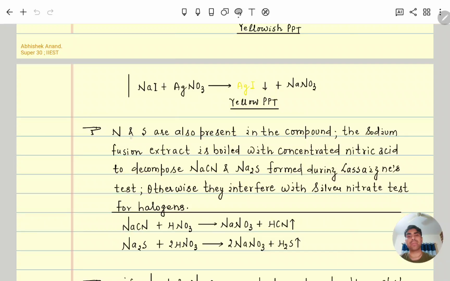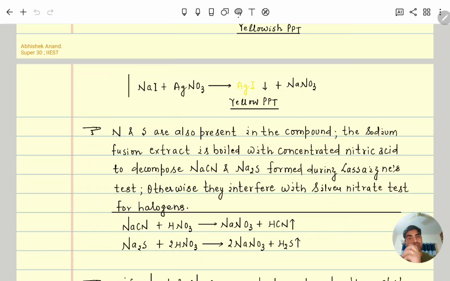So if nitrogen and sulfur are also present in the compound, the sodium fusion extract is boiled with concentrated nitric acid. NaCN and Na2S formed during the Lassaigne test would otherwise interfere with the silver nitrate test.